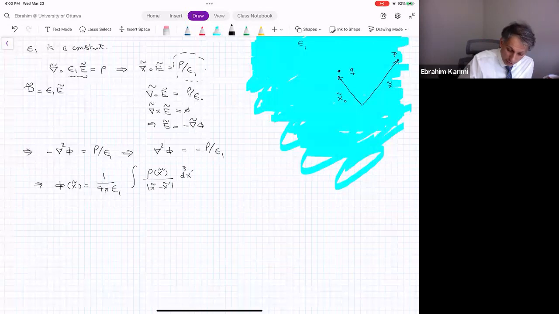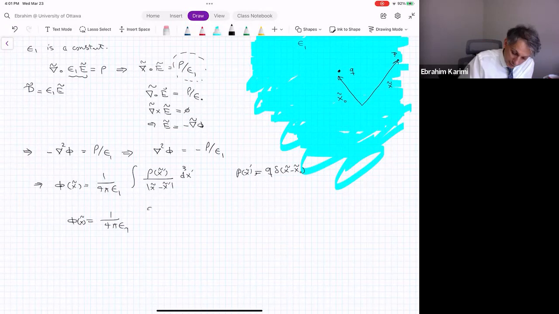So for our charge, which is a point charge, rho of x prime is q delta of x minus x0. And if you place it here, then we get phi of x equal to 1 divided by 4 pi epsilon 1 q divided by |x minus x0|.